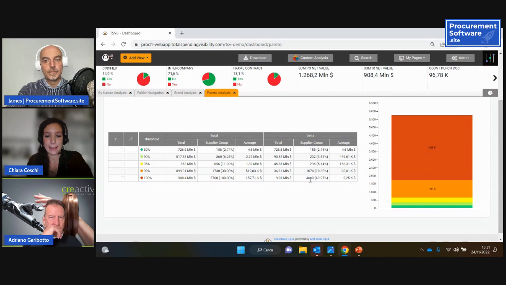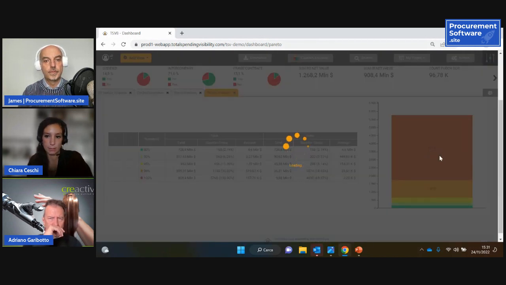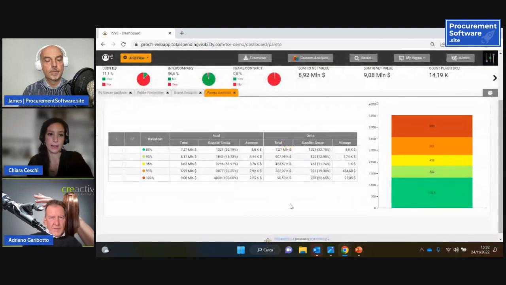So in this case, we might want to make an analysis on which are the suppliers, or we can drill down these 4,000 suppliers. Let's click also on the images that become active filters. So we are going to analyze the last 1% of the spend and the related suppliers. In this case, the last 1% of the last 1%.